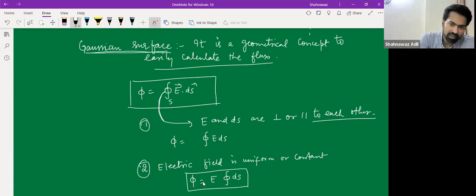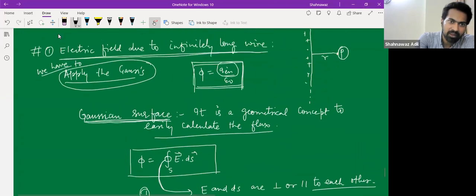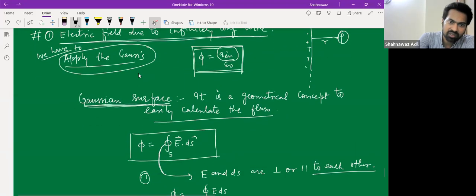Is that clear, guys? Yes, sir. So this is how we choose this Gaussian surface. Okay. So to apply this Gauss law, we choose a Gaussian surface, and it is a geometrical concept to easily calculate the flux. Okay, guys.